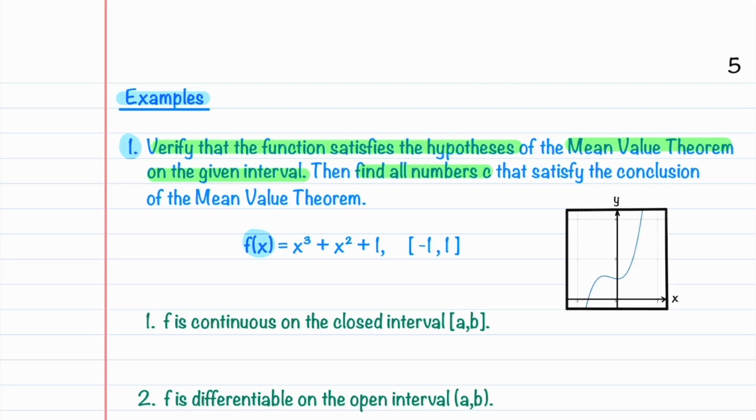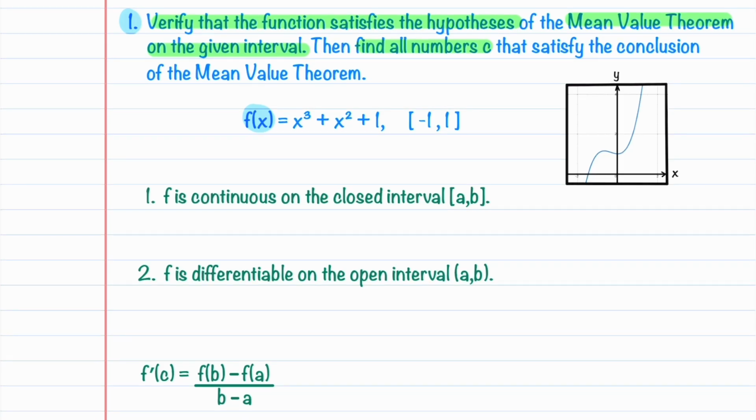I put a graph of our function over here on the right, and we're going to look back at this graph after we finish all of our calculations. The first hypothesis of the mean value theorem is that our function is continuous on the closed interval.